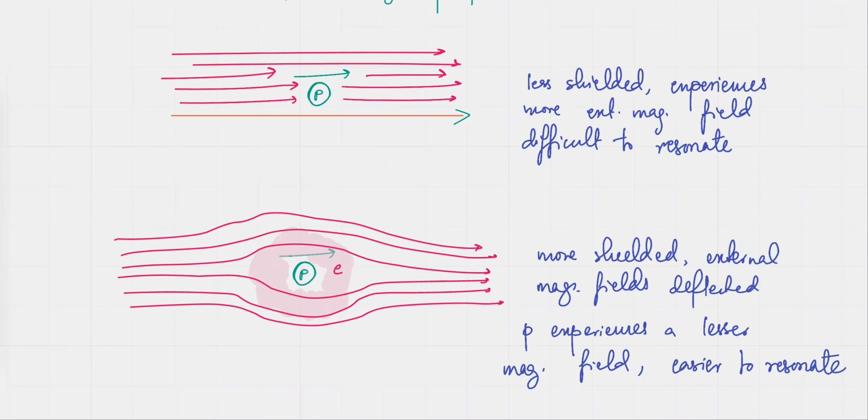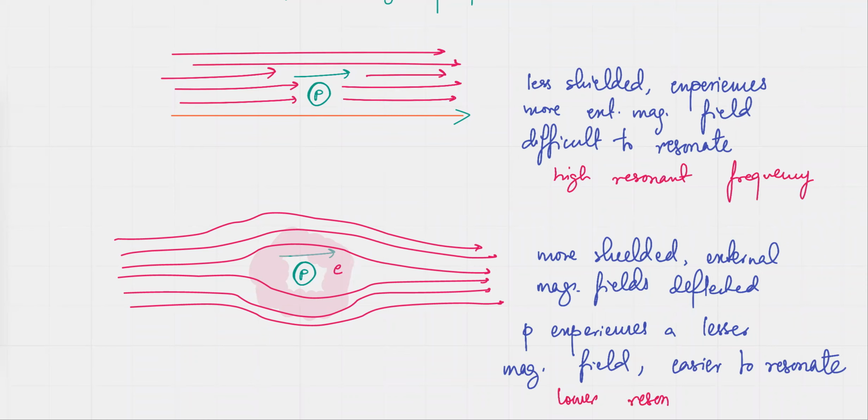So in the first one, there's going to be a higher resonant frequency. And the second one is going to be easier to resonate, so it's going to be a lower resonant frequency.